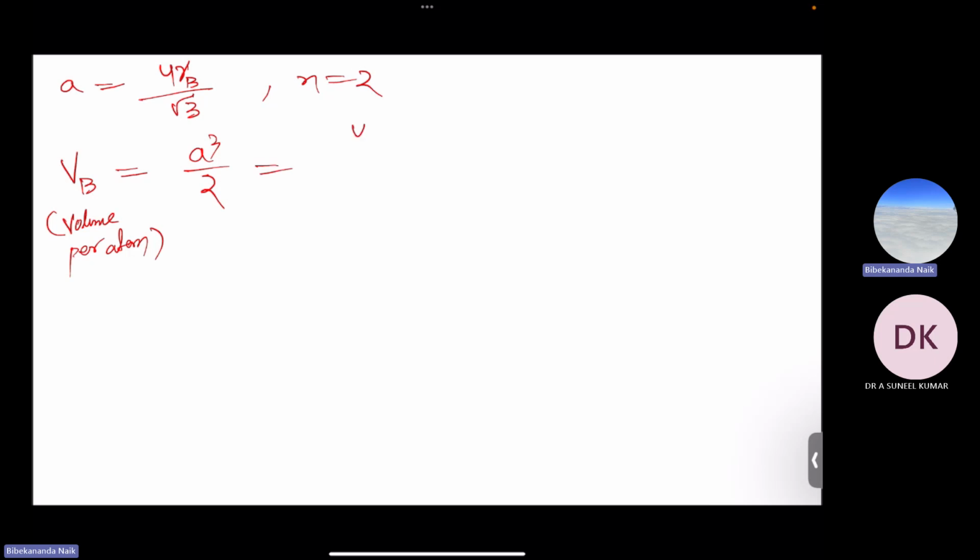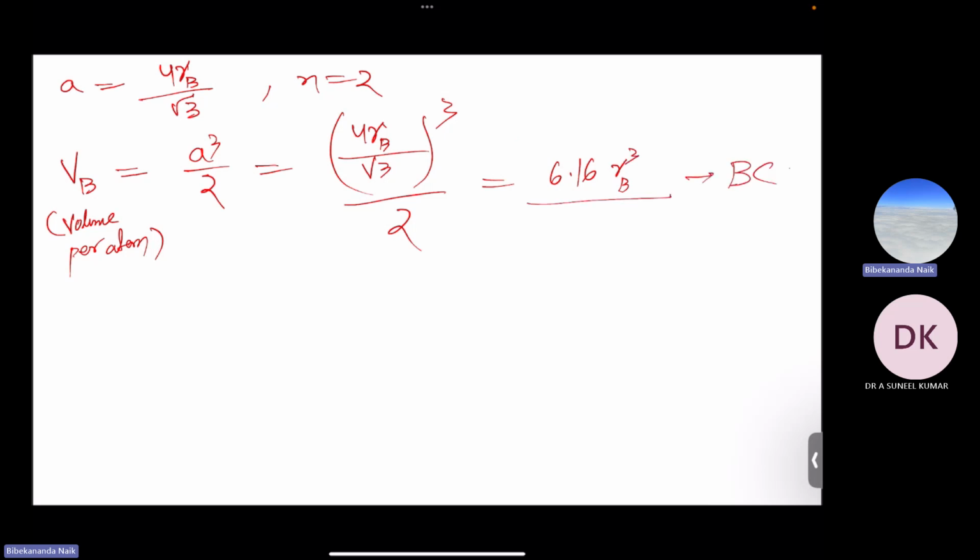So A cube means 4RB divided by root 3 cube, by 2. If you calculate, it will be 6.16 RB cube. So this is the volume per atom for body centered cubic.